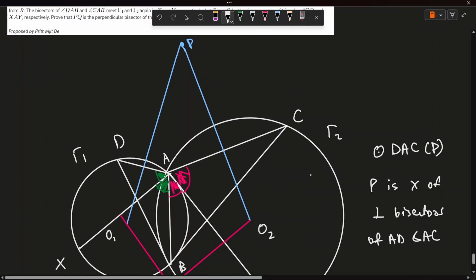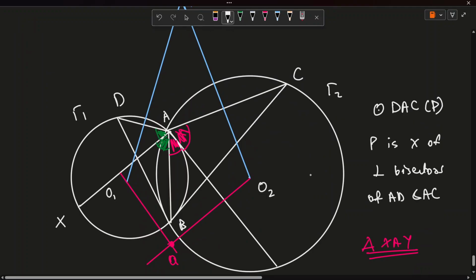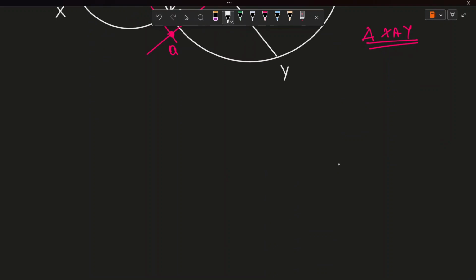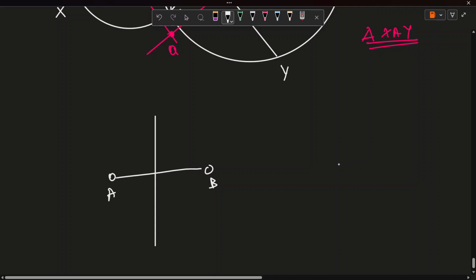Now to prove that a line segment is a perpendicular bisector, let me draw it here to convince my point. So suppose these are 2 points A, B, and we know that any point on its perpendicular bisector is equidistant from both A and B. So this is perpendicular and these two are equal.